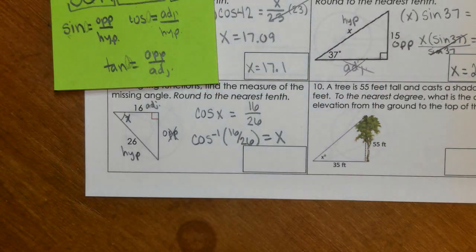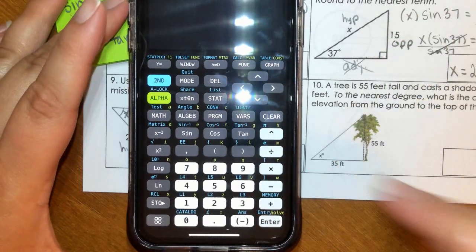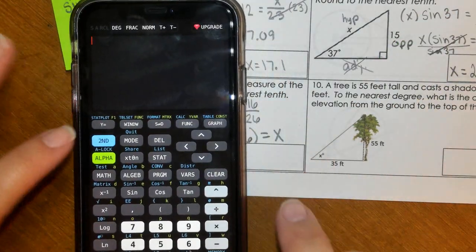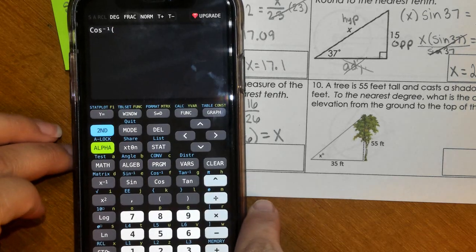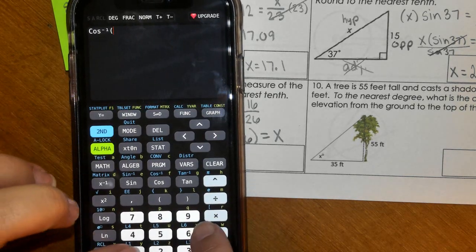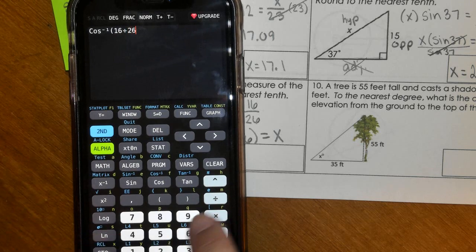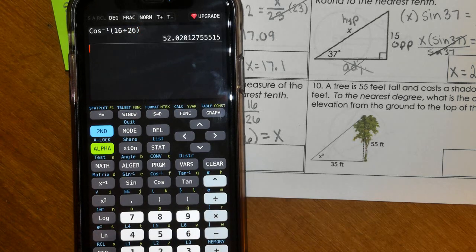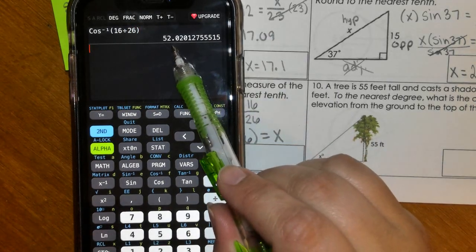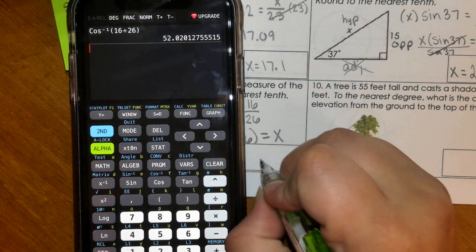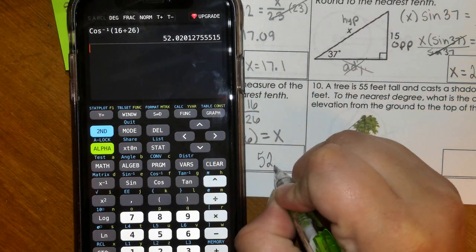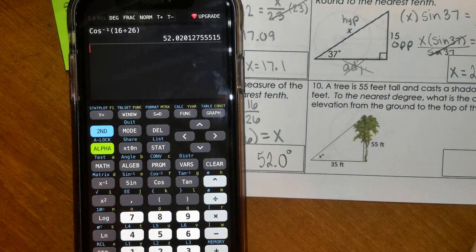Okay. Same thing can occur here. So I would go second cosine. I got my cosine -1. Put my fraction in, 16 divided by 26. Enter. And that's going to be 52.02. But it says round to the nearest tenth, so that's really going to be 52.0 or 52 degrees.